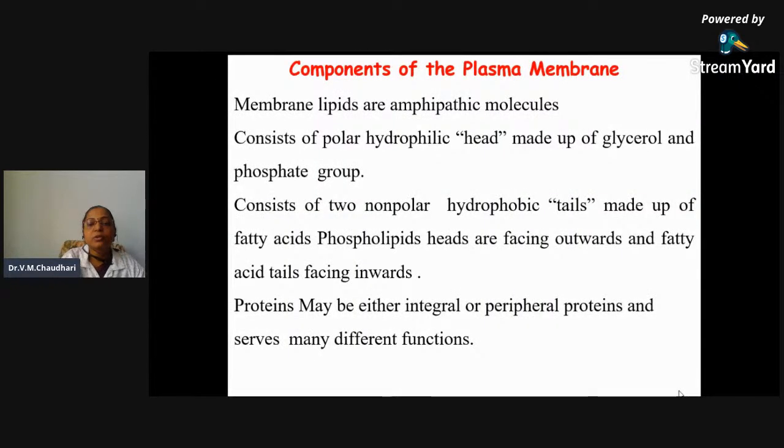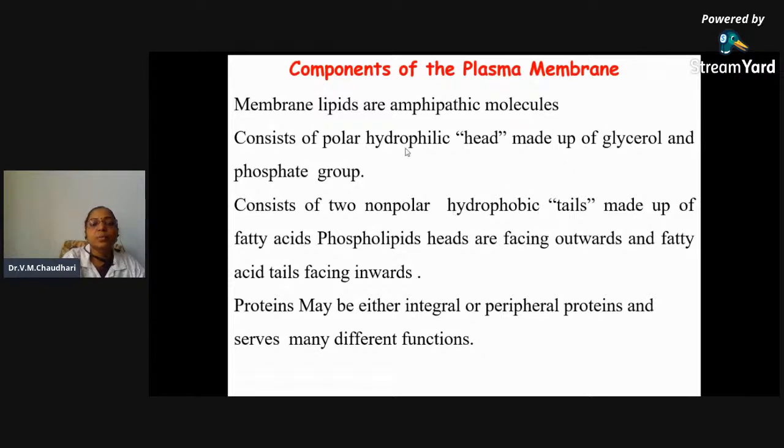What are the components of the plasma membrane? The plasma membrane consists of membrane lipids as well as proteins. Membrane lipids are amphipathic molecules. Amphipathic means they are made up of hydrophilic as well as hydrophobic parts.